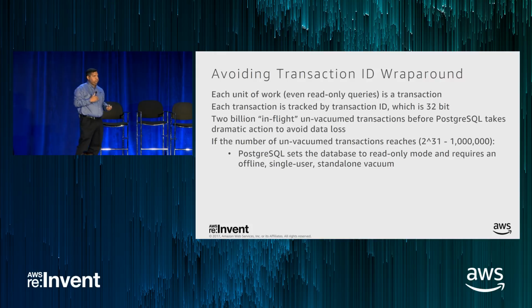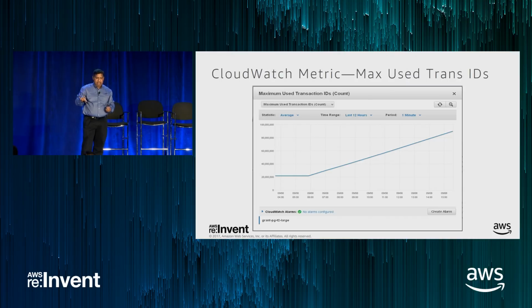So on RDS Postgres, what we do is we keep a trend on that. On your standard monitoring itself, we give you a way to track that transaction ID. If you cross 1 billion transactions, we also send out a warning to the customer saying, hey, you may want to look and see if you want to run vacuum.